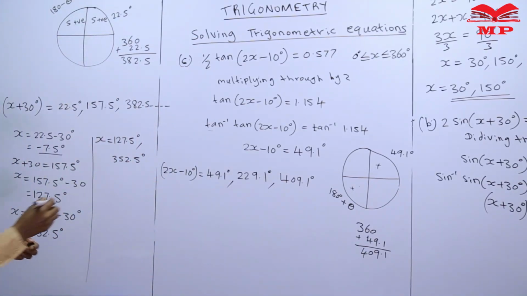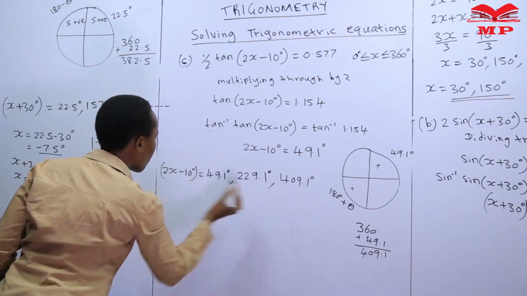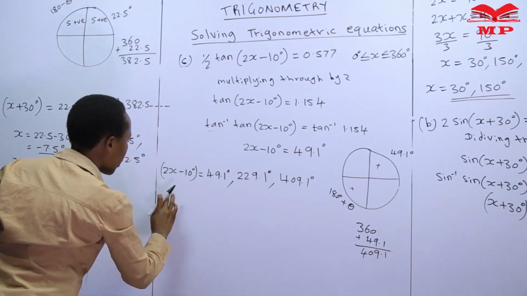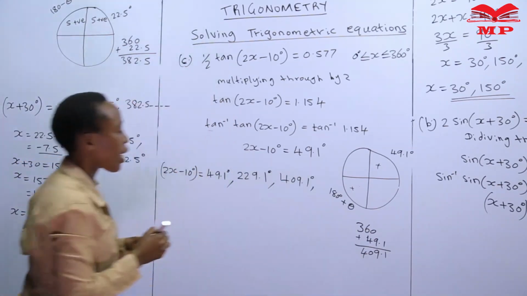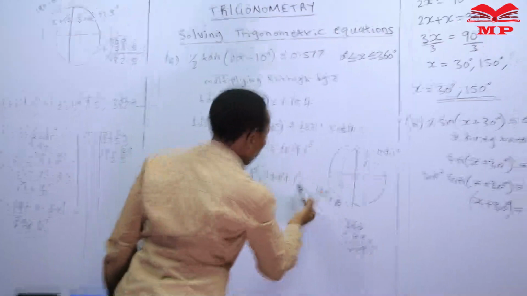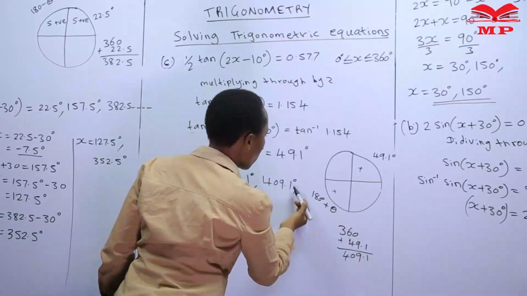If we continue, it will be more than 360 degrees. Let's move on to the next one and see. We've gotten this as 409.1.